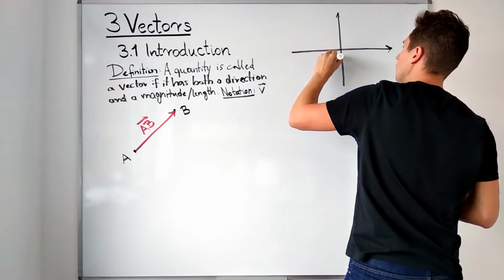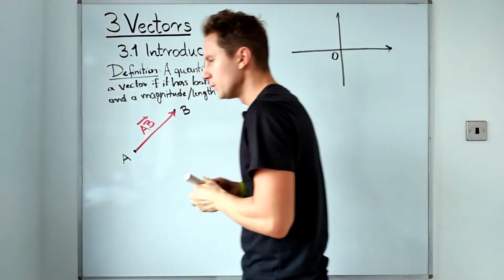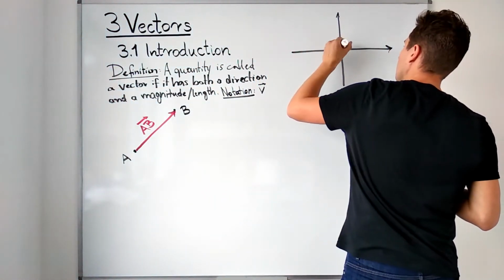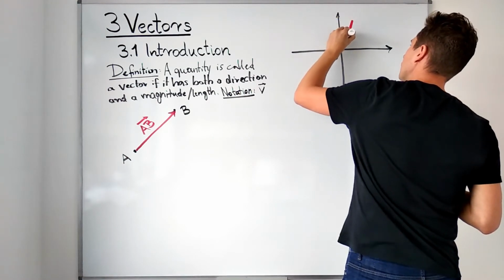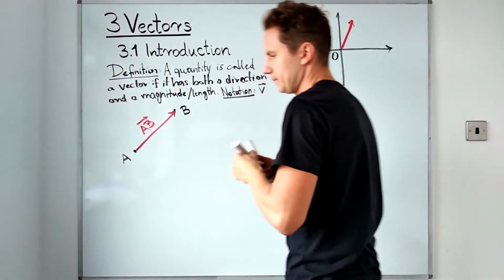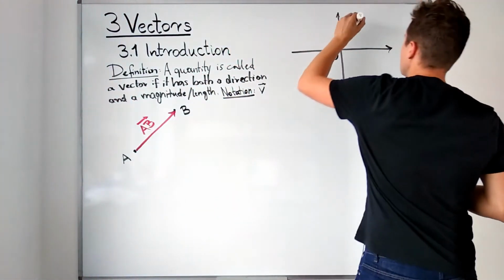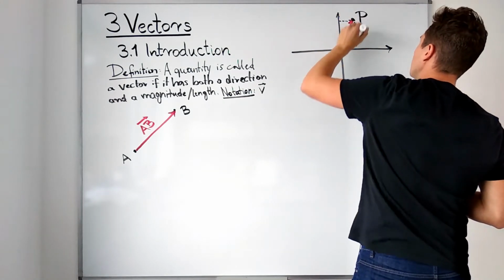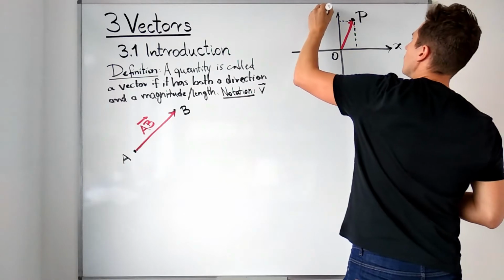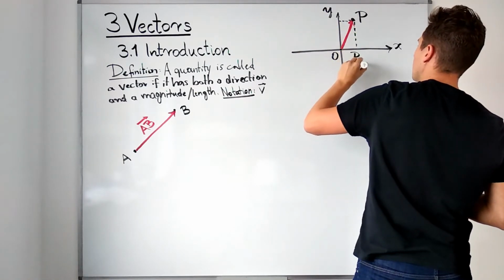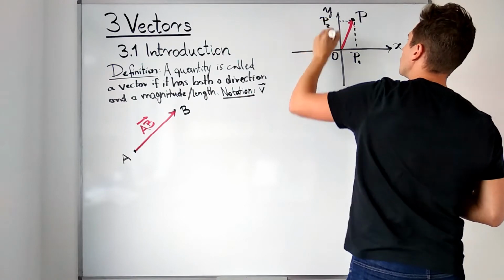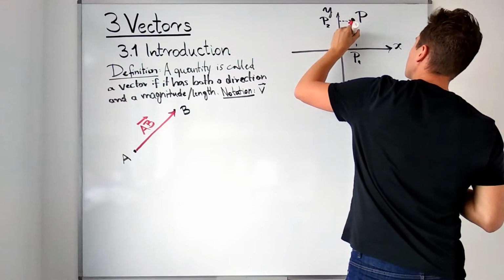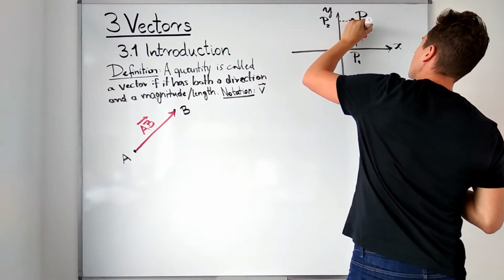We pick a special point that is the origin, and if we want to specify points in the plane, for example, we would draw a vector to a point P from the origin. We would say that this point P might have some coordinates P1 and P2, but that red vector going from O to P would be the position vector OP with a little arrow on top.